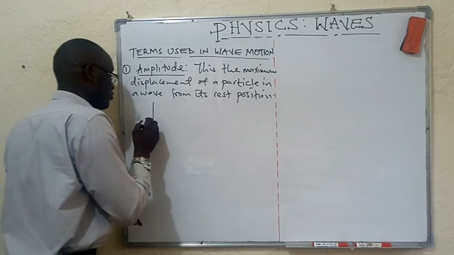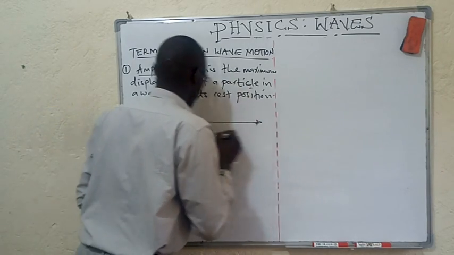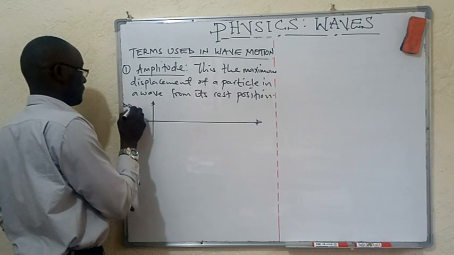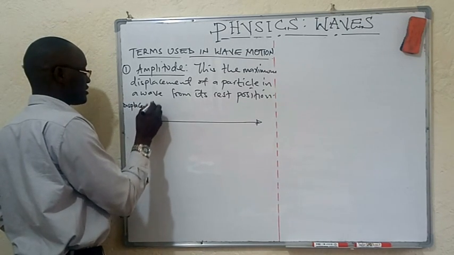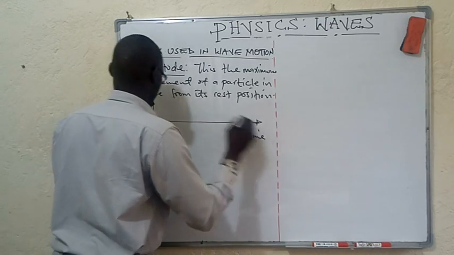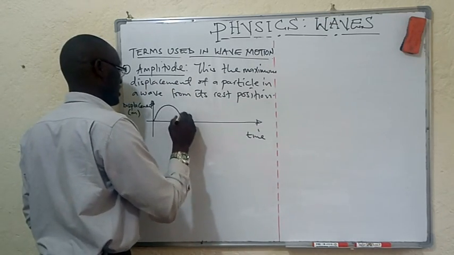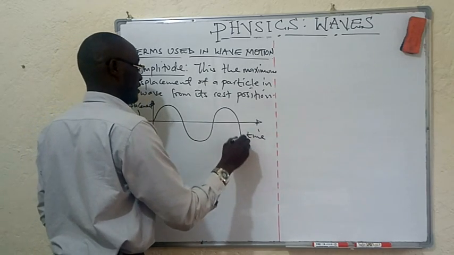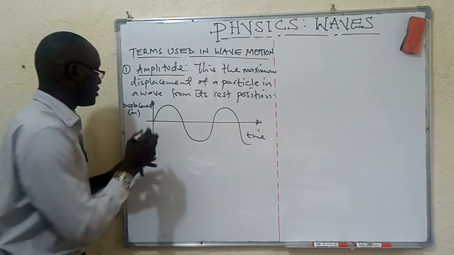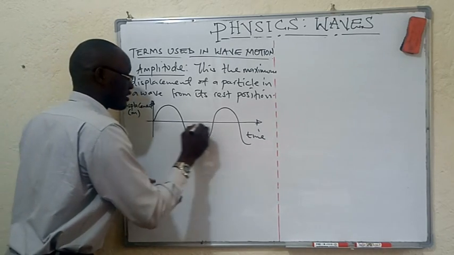Let us take an example of a transverse wave. In a transverse wave, assuming you have a transverse wave, this is its displacement in meters, then against time. And you have got something of such a nature. So what we are referring to as amplitude, a particle, this is the rest position.